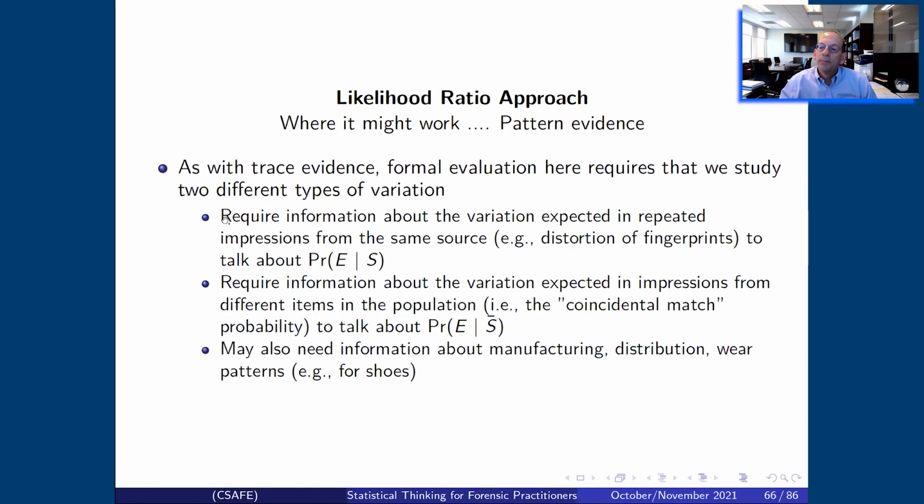We want to be able to say, what's the probability of seeing this set of similarities and differences, these images, if the two images came from the same source? And that's the numerator. And the denominator is, what is the probability of seeing this degree of matching features if they came from different sources, the so-called coincidental match.